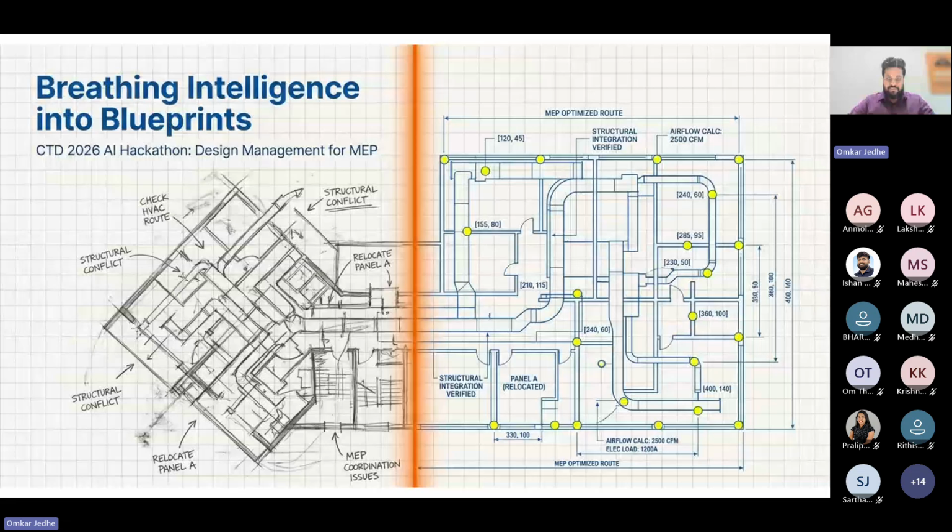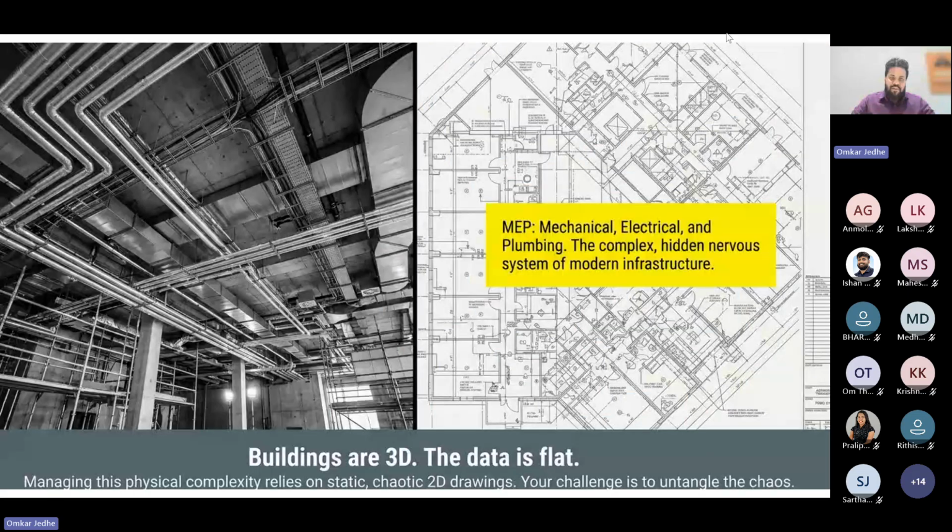So understanding mechanical, electrical, and plumbing, the complex hidden nervous systems of modern infrastructure, we are first of all here to work on the 2D drawings, not on 3D. The left side photo, I've intentionally put over here for you to know where we stand. Above that, just below a slab to the ceiling, there is so much happening. These are the big ducts, which give you the cool air.